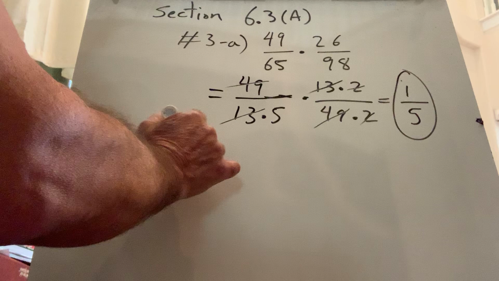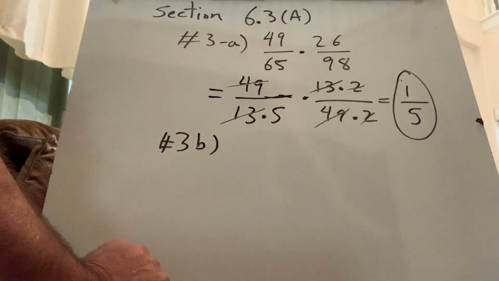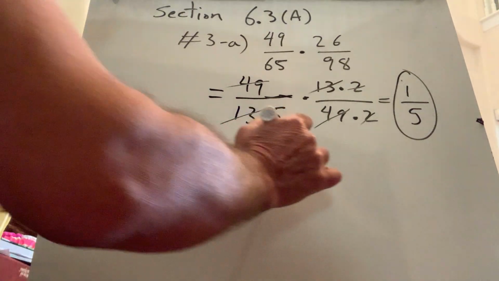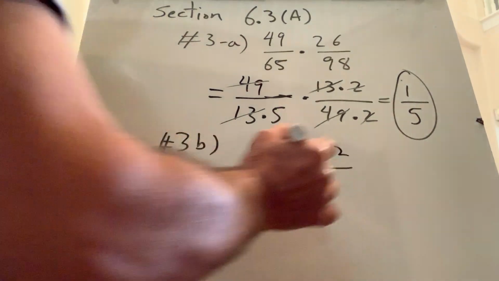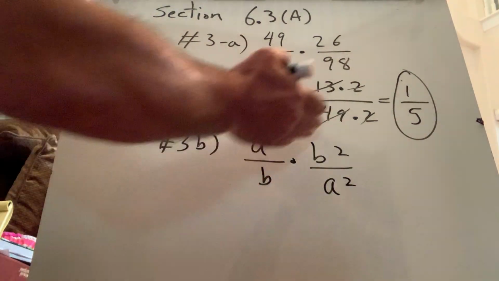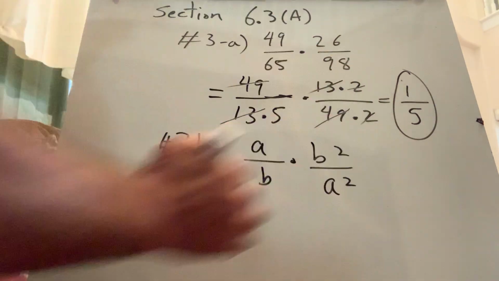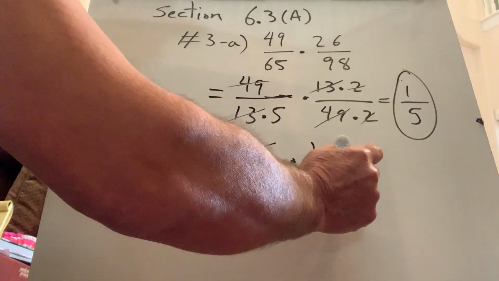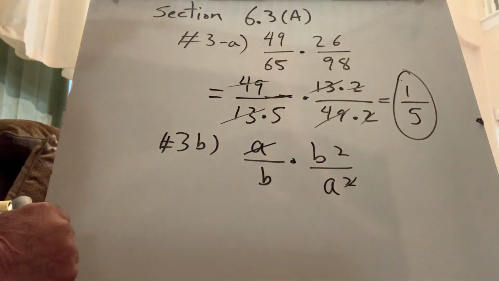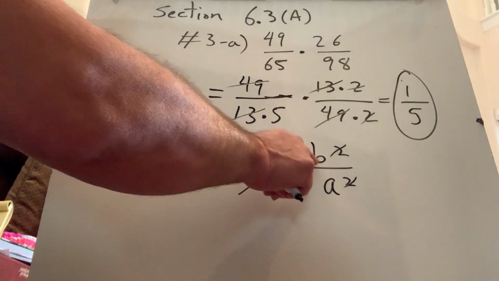So 3B. Now, B and C involve letters, but it's the same idea. In part B, you're asked to multiply A over B times B squared over A squared. This is the same logic, and even though you have letters, the same concept applies. If you see a common factor crossway, cancel them. 1 factor of A cancels 1 factor of A, because remember, A squared means A times A, so you're just left with 1 factor of A. Also, 1 factor of B cancels 1 factor of B, so you're left with 1 factor of B on top.